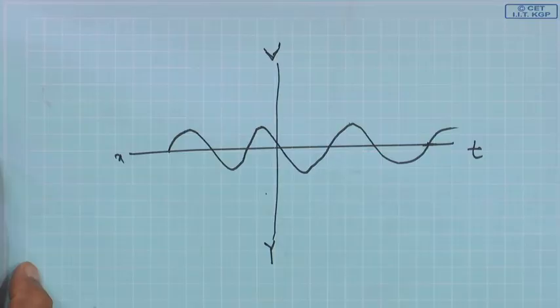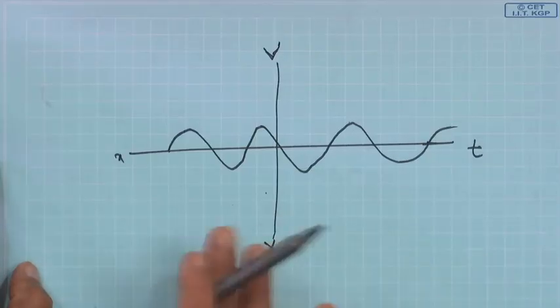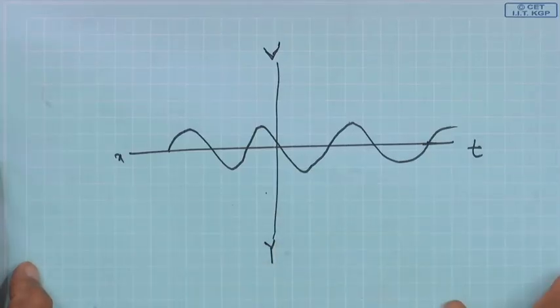Now, who is plotting that, how is it plotted, how are we seeing it? Basically, on the CRO we just see light, a sweeping of light or variation of light along the x and y axis.